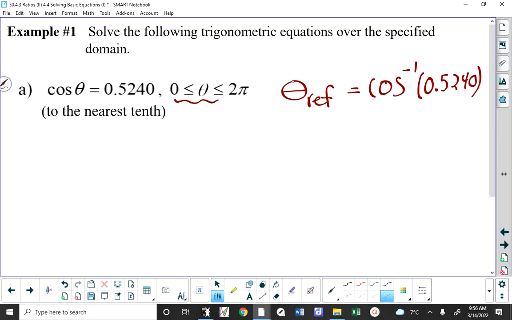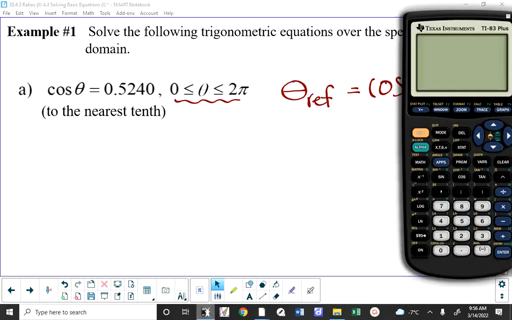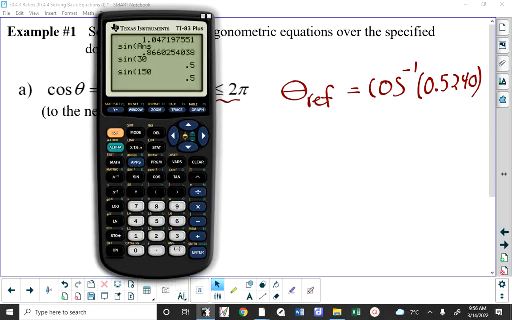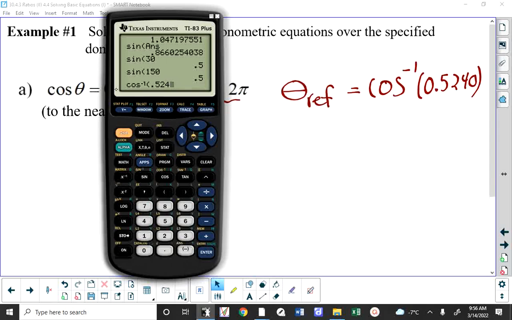You can see that the domain is expressed in terms of radians, so we need to do this in radian mode. And this is going to show us something which automatically makes us uncomfortable: that the reference angle is this many radians.